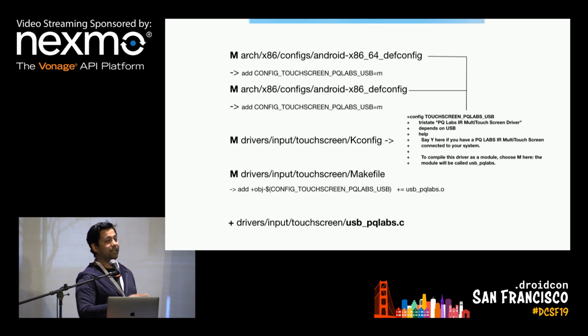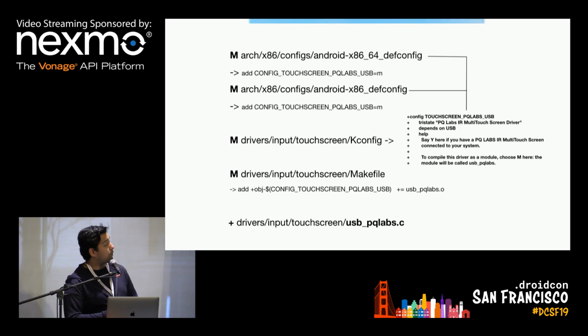Tri-state means it can either be present, not be present, or be a hot-plugged module into the kernel. It also depends on USB, so that needs to be specified, along with a helper message saying you can press Y to enable the driver, for somebody who compiles or customizes this kernel in the future.